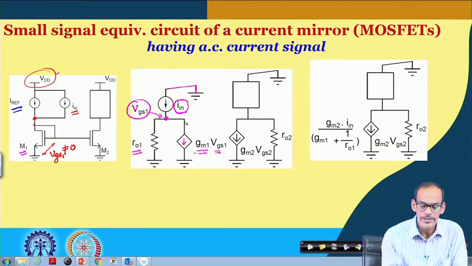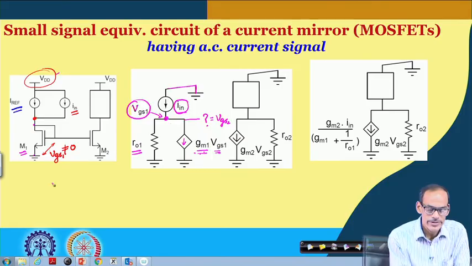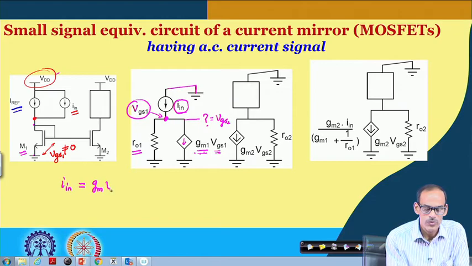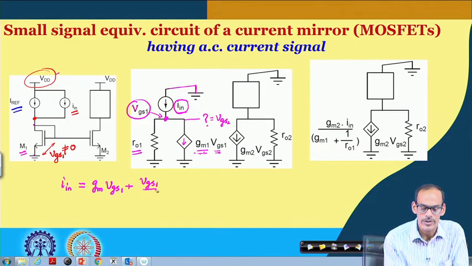Now, if you analyze this circuit to find the corresponding voltage, which is also equal to VGS 2, we can apply KCL at this node. So, I in equals GM 1 into VGS 1 plus VGS 1 divided by RO 1.